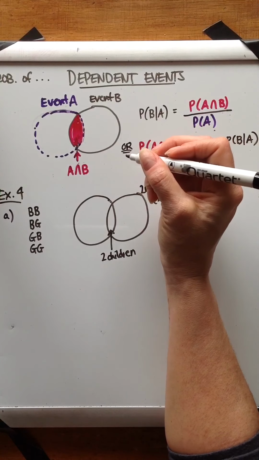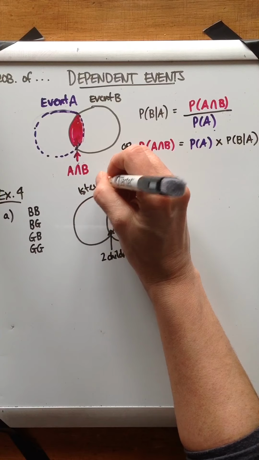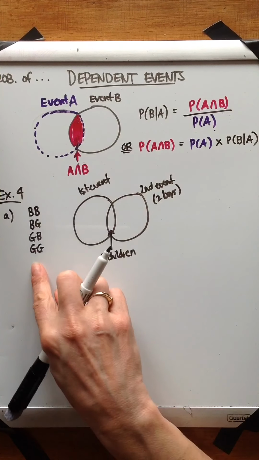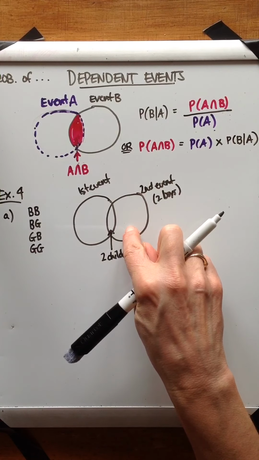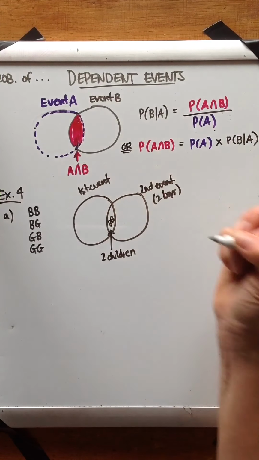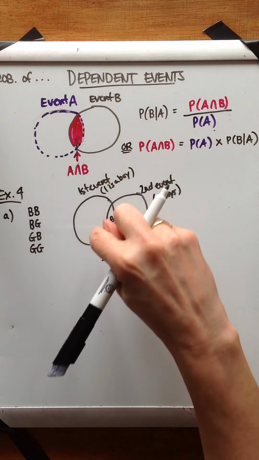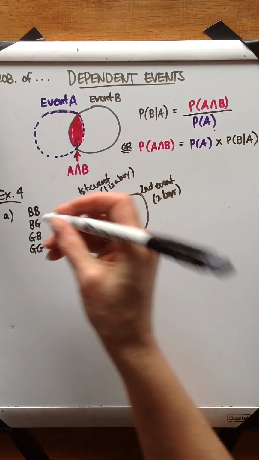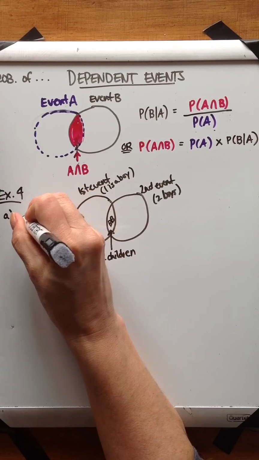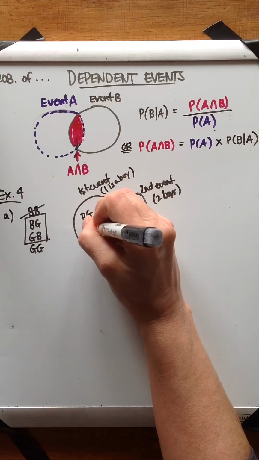If it is known that one of the 2 children is a boy, we'll call that the first event. So if we were to place these into the Venn diagram, we know that boy-boy has to happen for both events. The only other scenarios where you can have one of them as a boy are these 2 right here. Boy-girl and girl-boy.